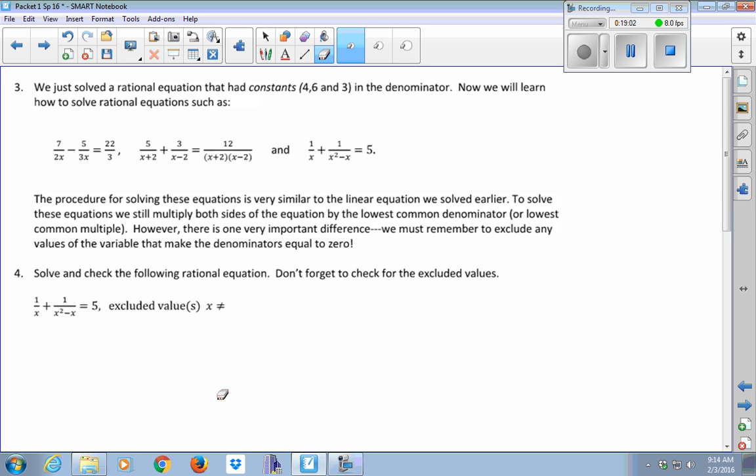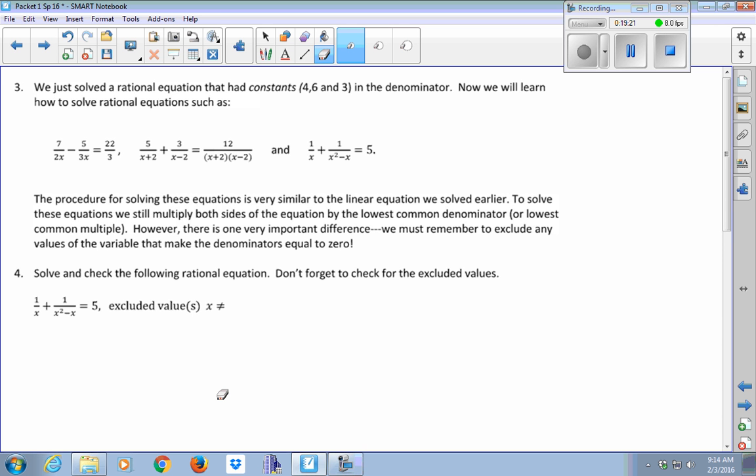The big difference is we've got to be concerned about what value of x is going to make the denominator 0. Because if we go through all the work to solve these equations and the value of x is a value that makes the denominator 0, then what that means is you have an equation with no solutions.